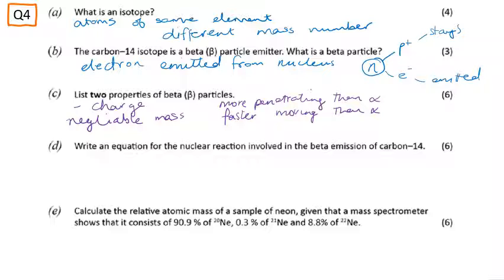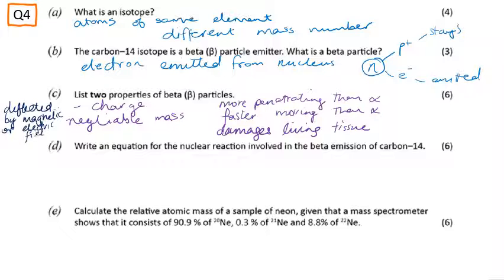Beta radiation can cause damage or mutations to living tissue. And if we think about it as an electron, we know from chapter 2 where we studied cathode rays, which are just streams of electrons, that it's deflected by a magnetic field or an electric field.